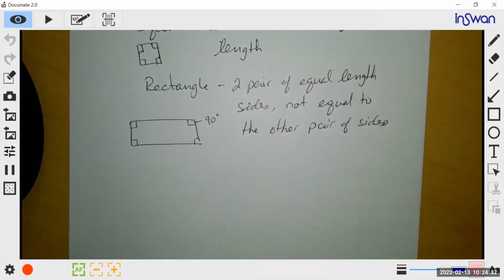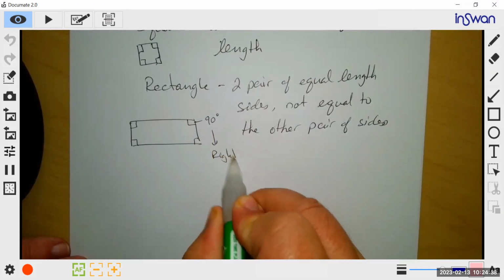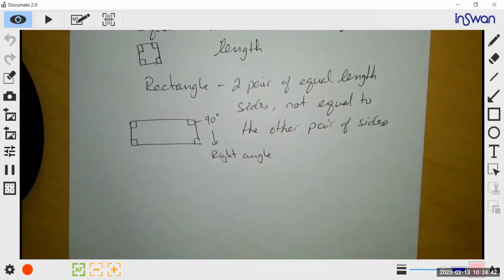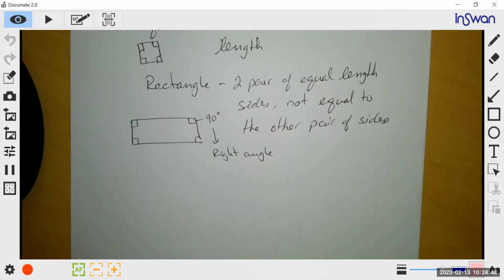It's a perfect corner. It's also called a right angle. That's the first. We have two more words to define.